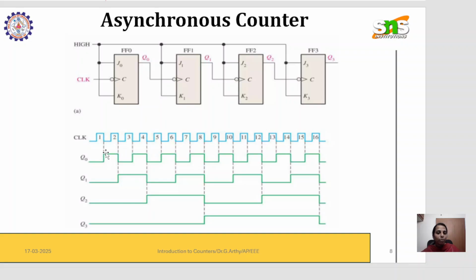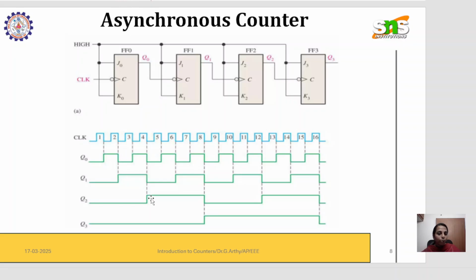So Q0 is produced on every negative edge. And Q1, this output, is generated on the negative edge of Q0, not from the clock. The dashed lines show that Q0 is based on the clock's negative edge, but Q1 is based on Q0. The output of Q1 depends on Q0.